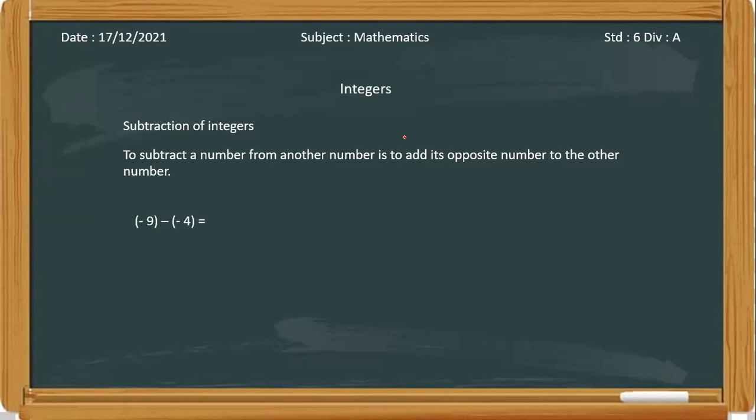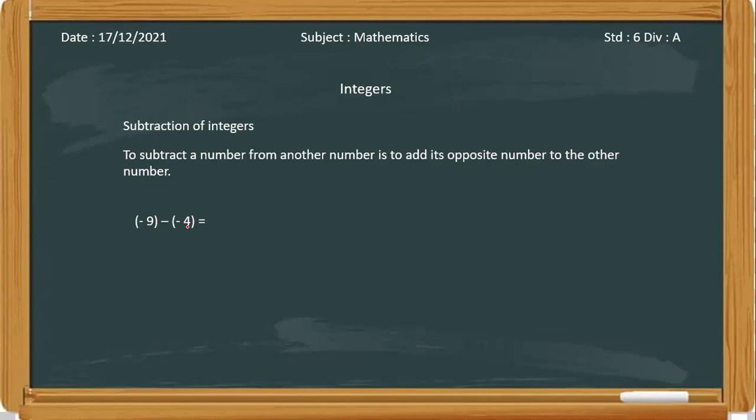We are going to learn this rule from an example so you can clearly understand. We will take the example -9 minus (-4). We have to subtract -4 from -9. What does the rule say? The first number is -9; we write -9 as it is, and then we add its opposite number. Instead of this minus sign, we put a positive sign and write the opposite number of the second number.